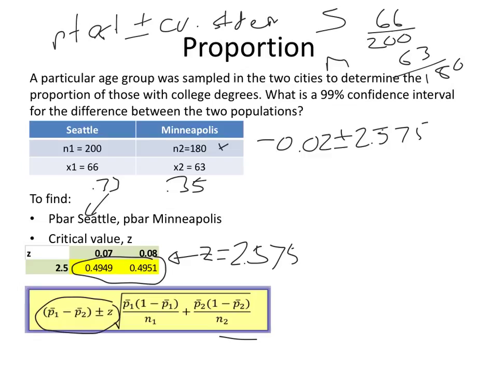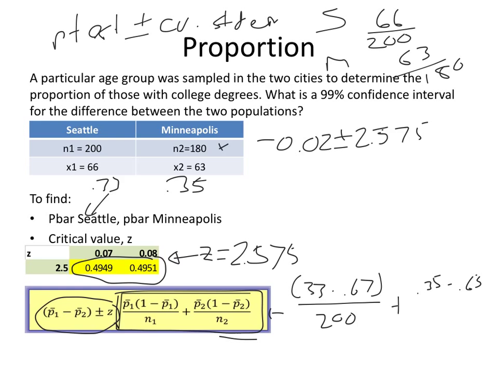So for this portion of the formula, we have 0.33 times 1 minus 0.33, so 0.67, over n1 for Seattle, which is 200. And then plus, for Minneapolis we have 0.35 times 0.65 over 180.